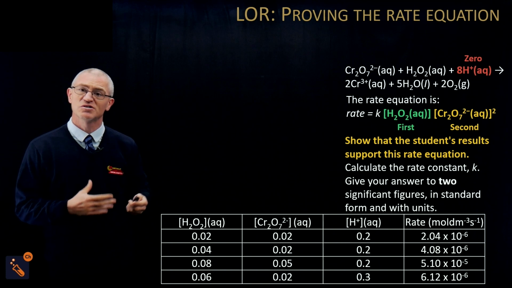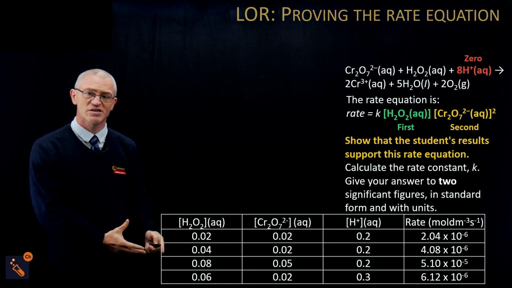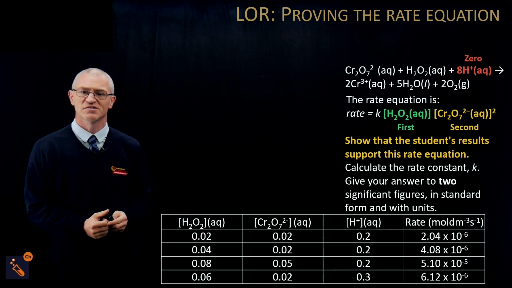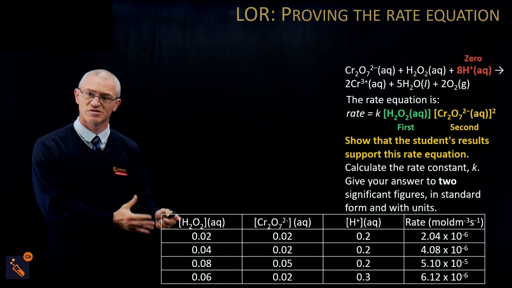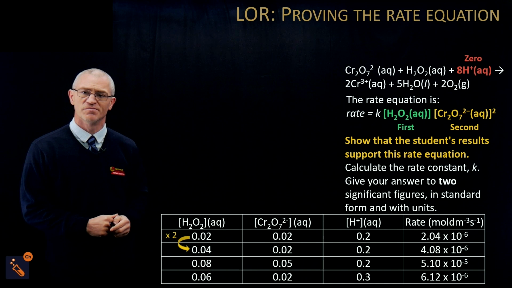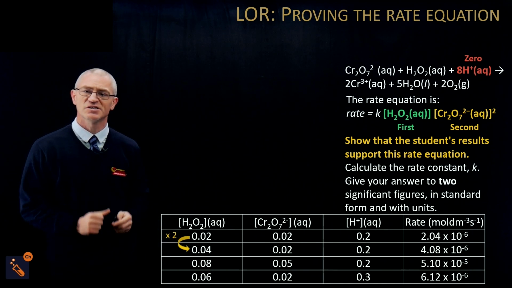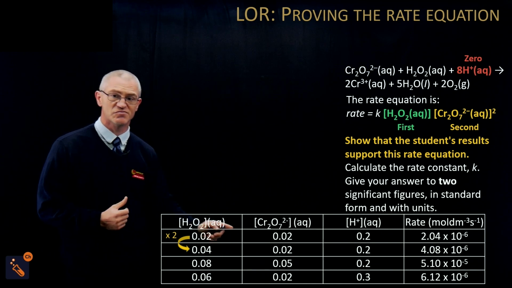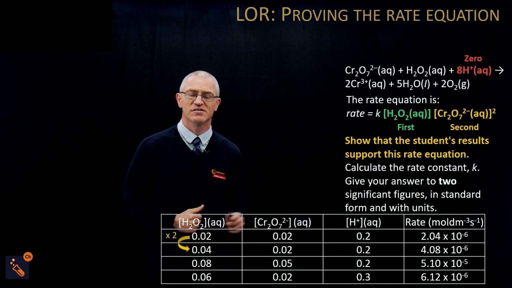We've got to do that as we've done in previous ones, looking at the differences in concentration and how the concentration is going up or down, and then how that affects the rate. First of all, we'll look at H2O2 just because it's the first one in the first column. As we go from this reaction to this reaction, we're timesing that concentration by 2. Now let's have a look at the rate, because the rest is staying the same. So the chromate is staying the same and the H+.